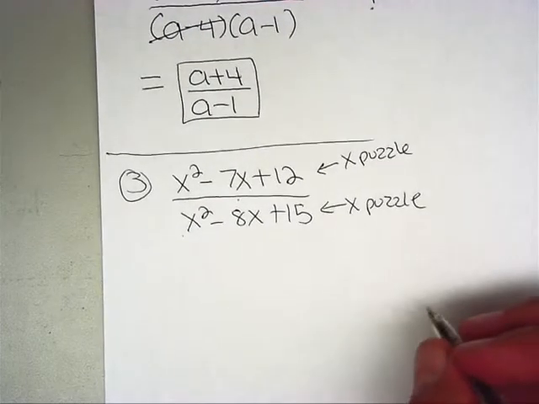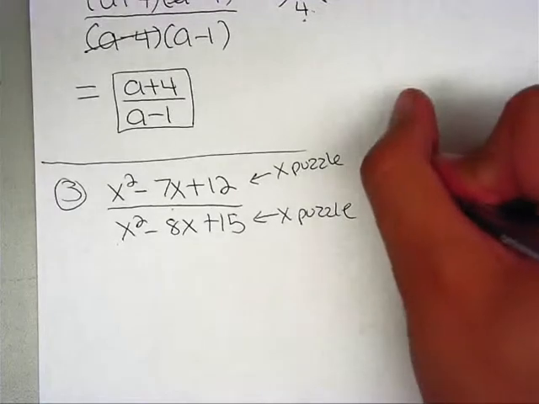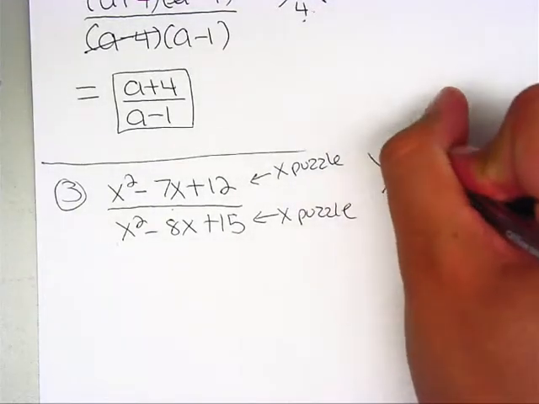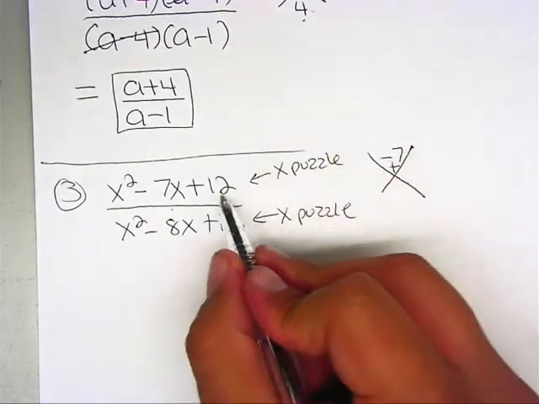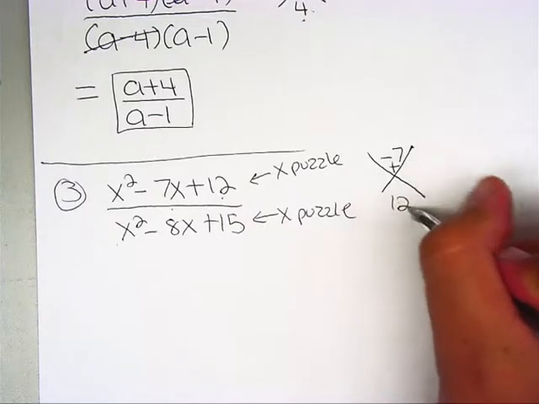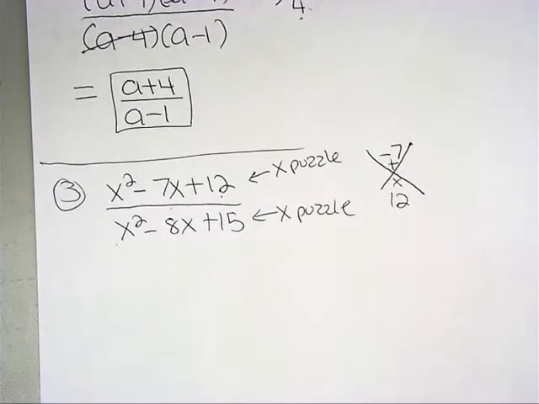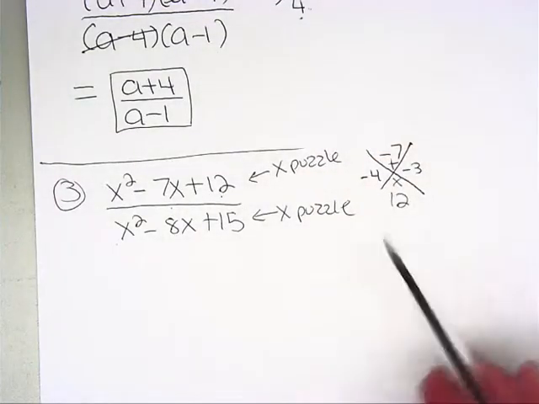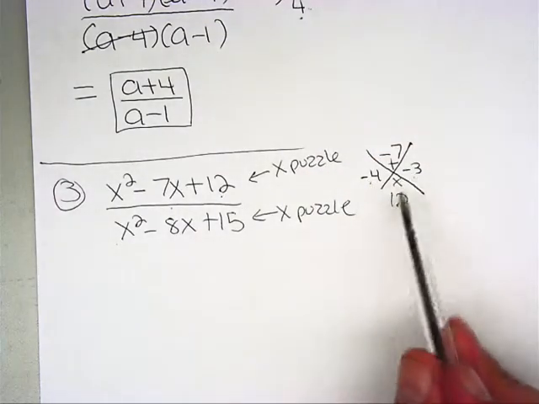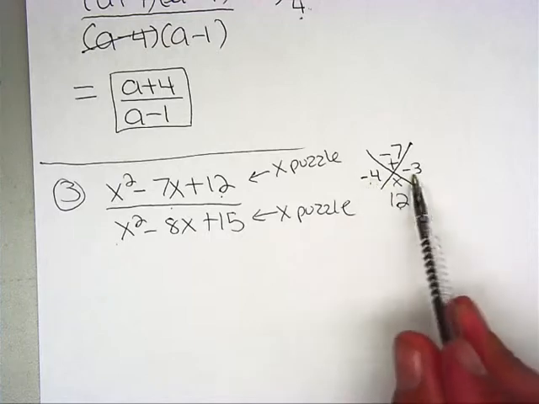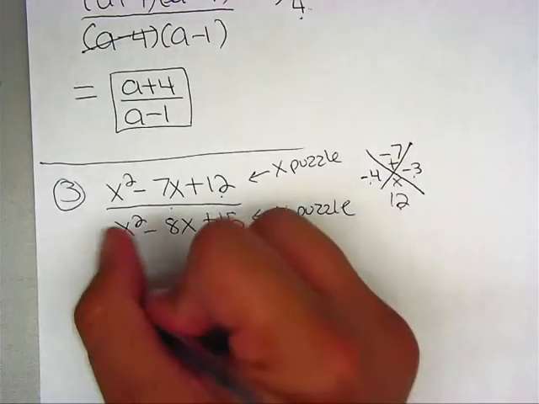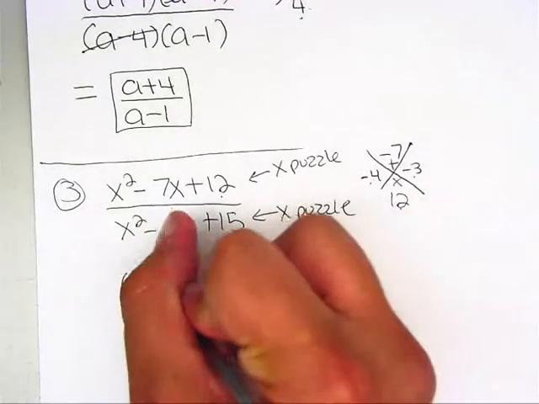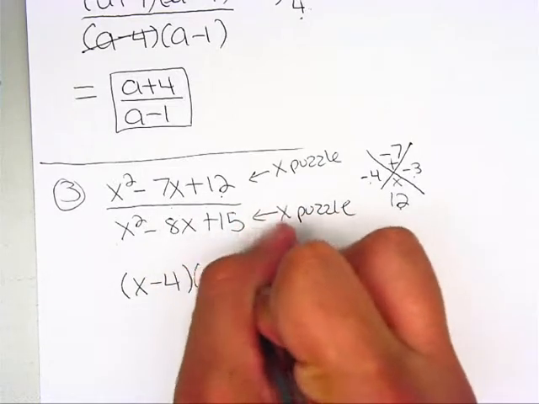So let's do the x puzzle for the top. Negative 7 on top with the addition, 12 on bottom with the multiplication. The numbers on the side are negative 4 and negative 3. Negative times negative is positive 12, negative 4 minus 3 is negative 7. So when I factor the top, it's x minus 4 times x minus 3.